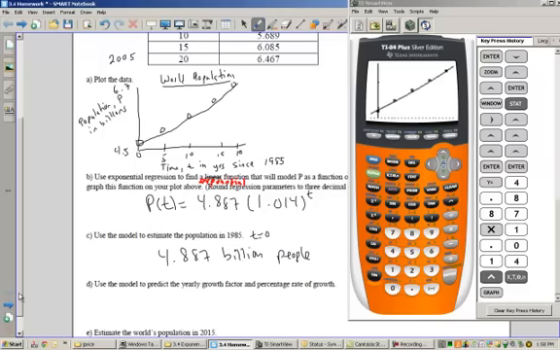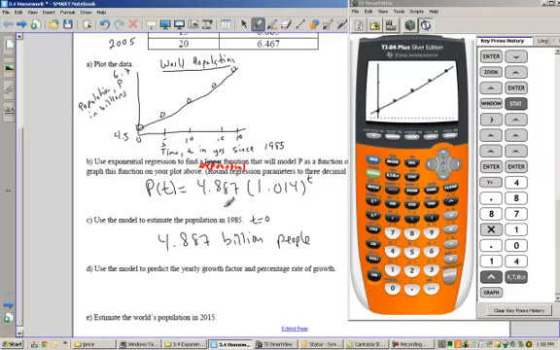Part C was this number. I bet you in part D you use something with this number. It says use the model to predict the yearly growth factor and percentage rate of growth.